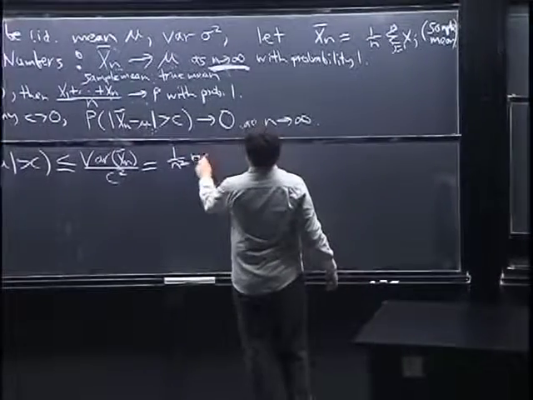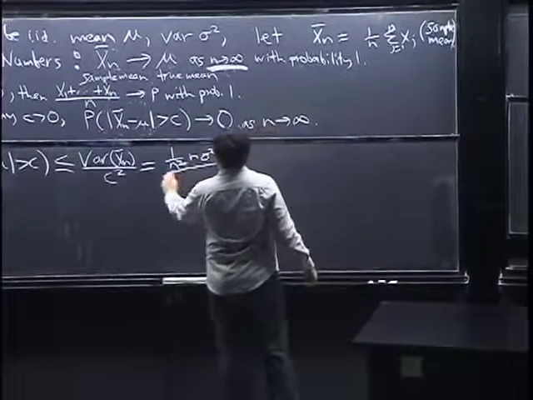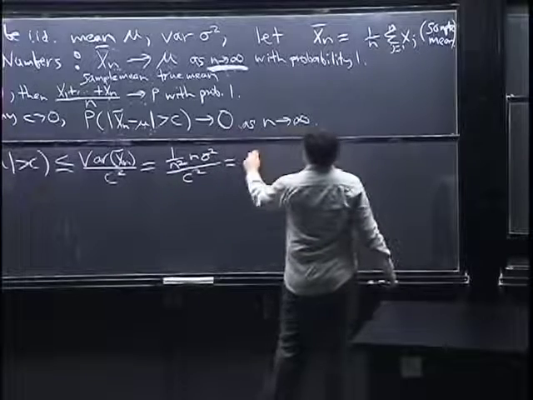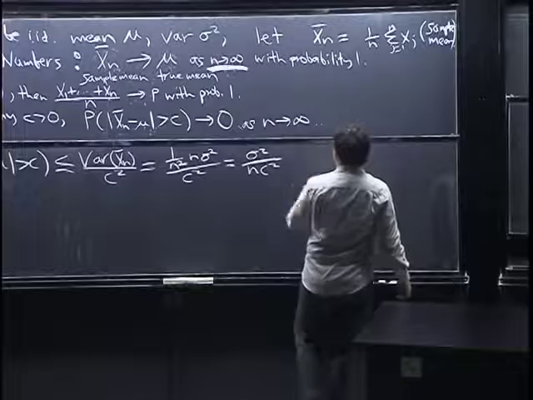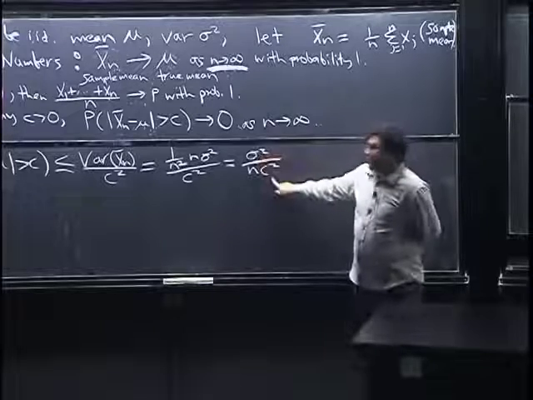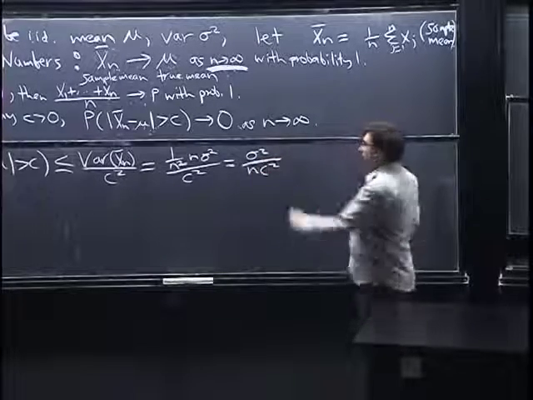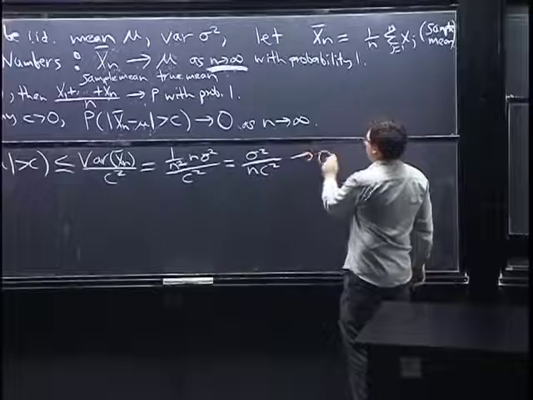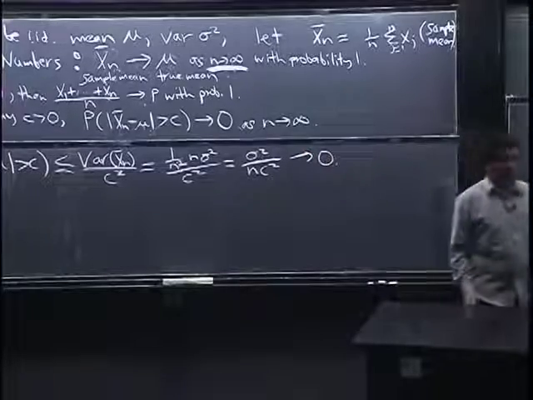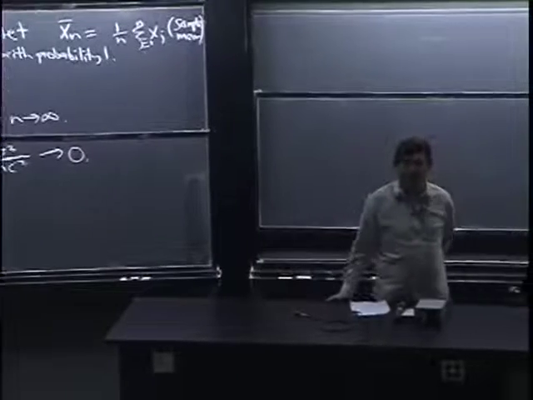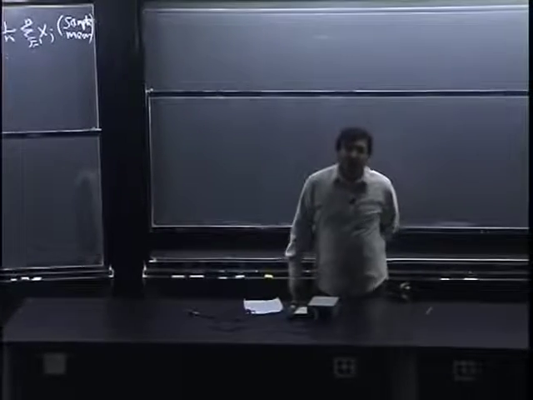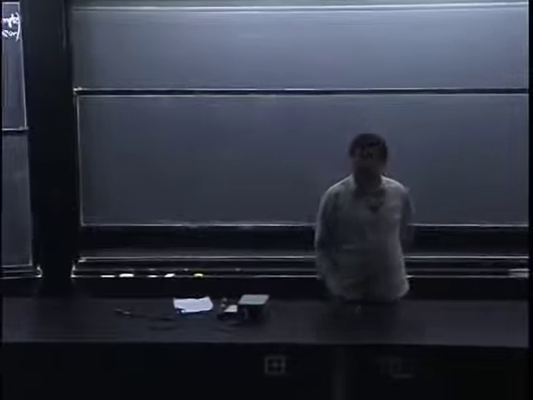So that's n sigma squared divided by n squared c squared, which is sigma squared over n c squared. Sigma is a constant, c is a constant, n goes to infinity, so this goes to 0. So that proves the weak law of large numbers, just a one-line thing.